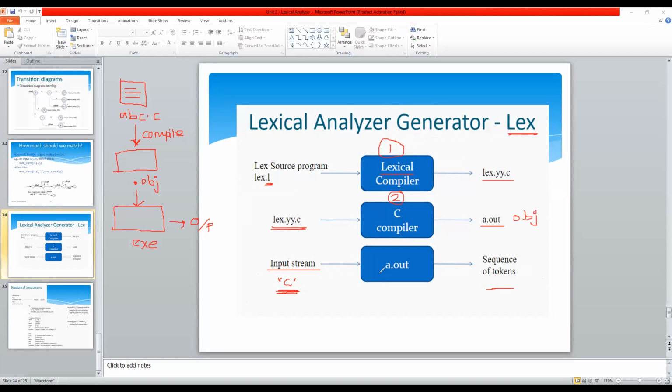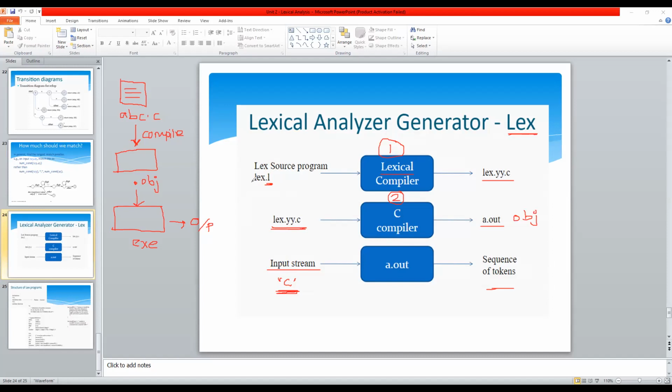This process is very, very important. First we write the .l file as the Lex source file. Then, as it is written in Lex format, you need a Lex compiler. That compiler converts the .l file into a .c file.